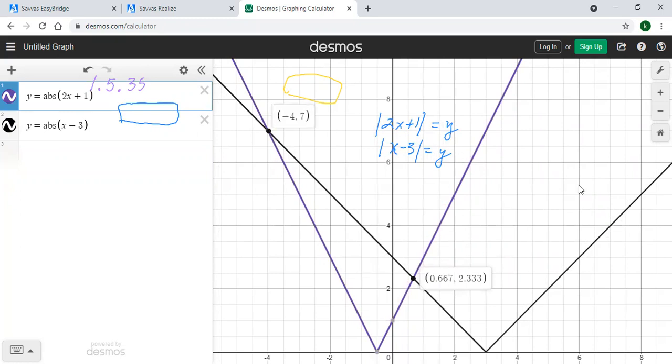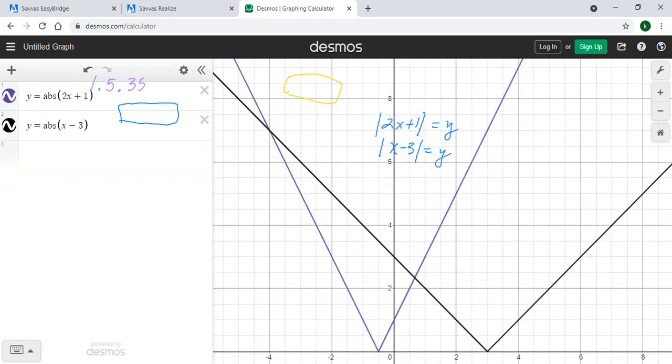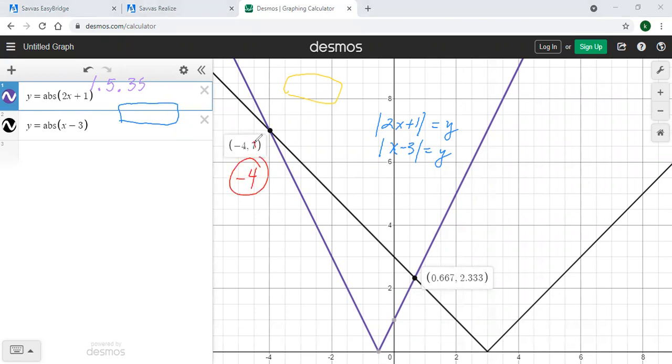Hopefully you know the one on the right. This is really 0.6 repeating. Put those two coordinates back again. Got the -4 here. We said the 7's not used, just that.